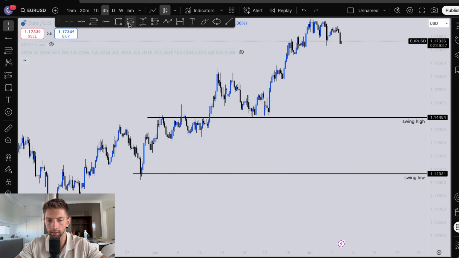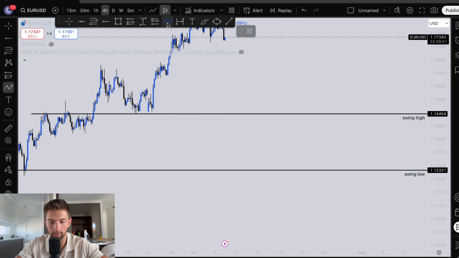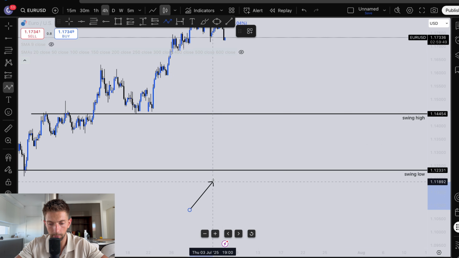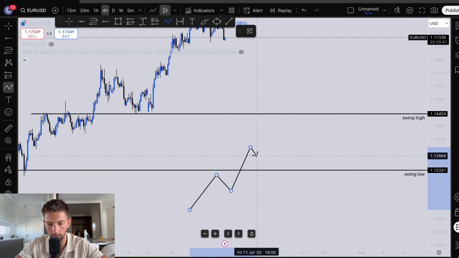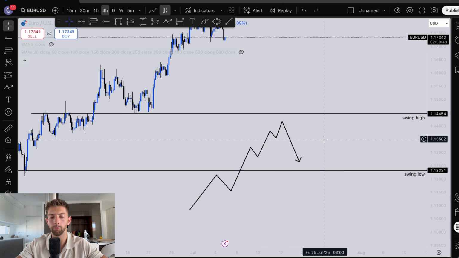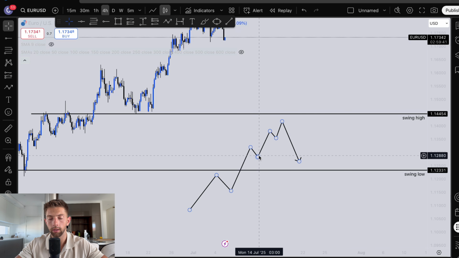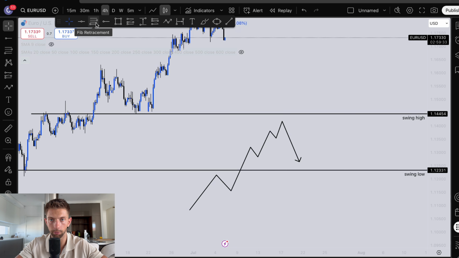Another thing I need to know, because sometimes price will do something like this. I'm going to show you. Sometimes price does something like this, and then does something like this. For me to count this point as a new, valid swing low, it needs to pull back at least 38.2%.